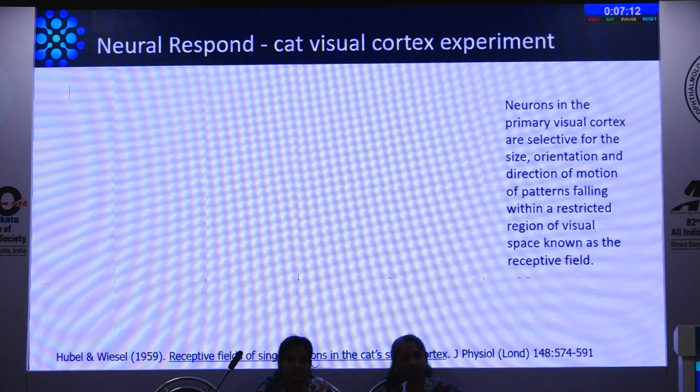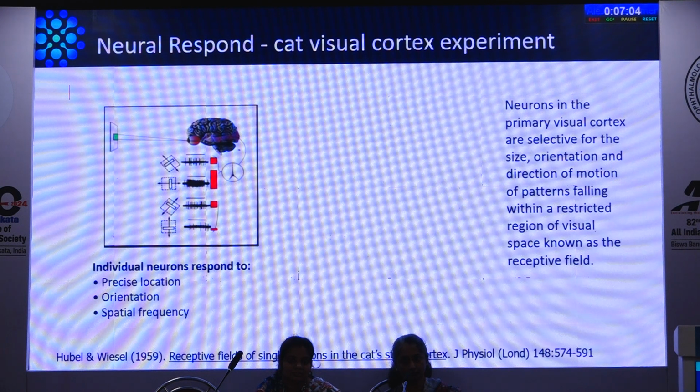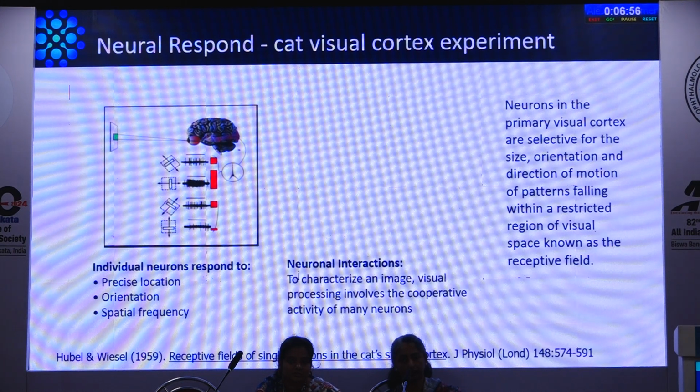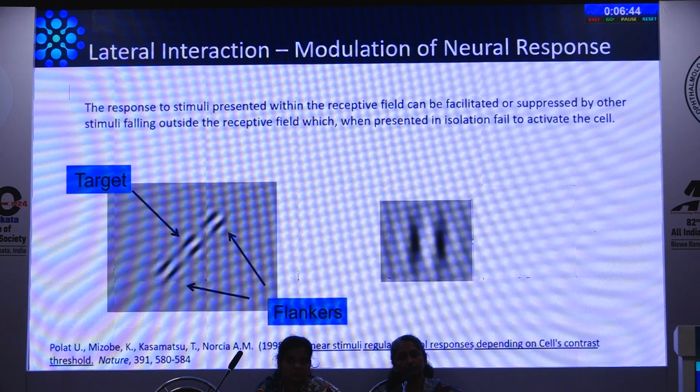And the next, what I said, is the lateral interaction. Neurons in the primary visual cortex are selective for the size, orientation, and direction of motion of patterns falling within a restricted region of visual space known as the receptive field. So to characterize an image, visual processing involves the cooperative activity of many neurons, and that is lateral interaction, which is helped by this Revital Vision.